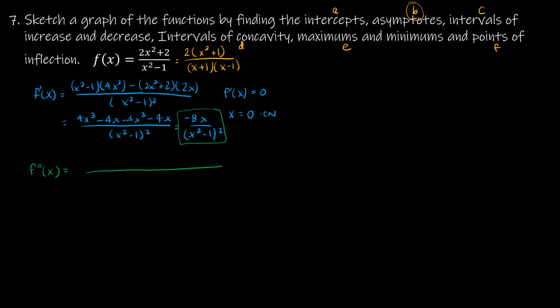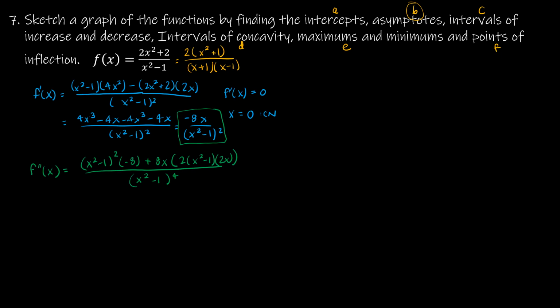So again, the denominator times the derivative of the numerator, minus the numerator, so plus 8x, times the derivative of the denominator, which would be 2 times (x squared minus 1) to the first, chain rule, 2x, close parenthesis. And then over the denominator squared, so that's (x squared minus 1) to the fourth power.